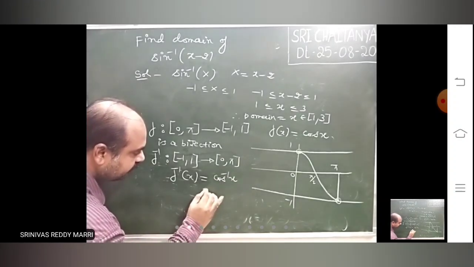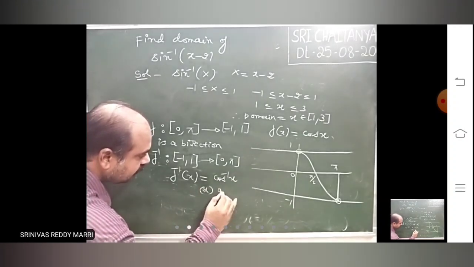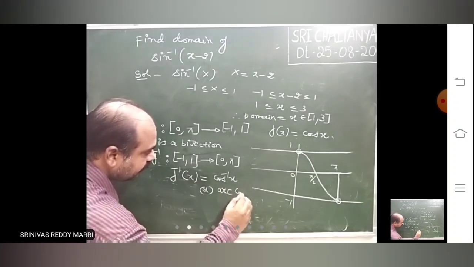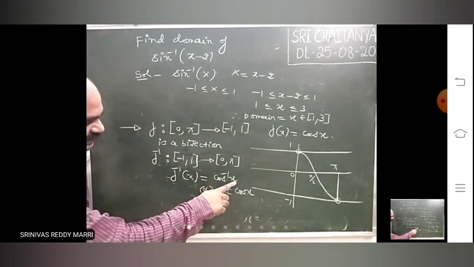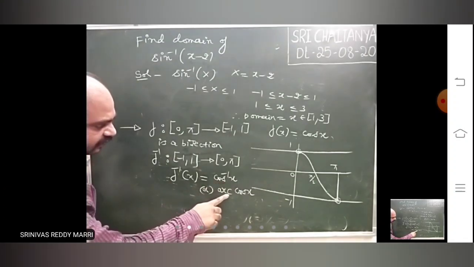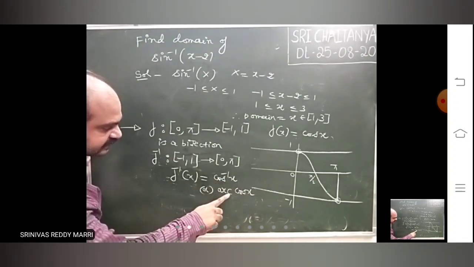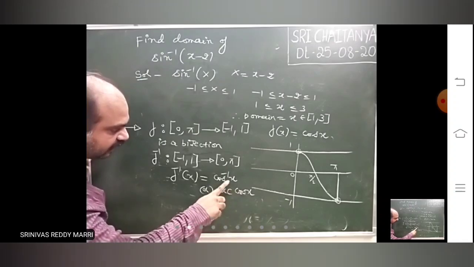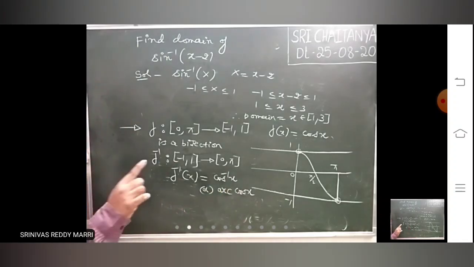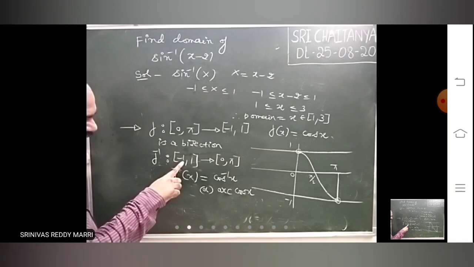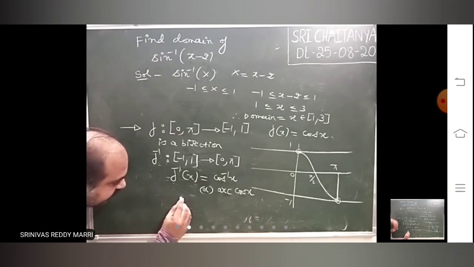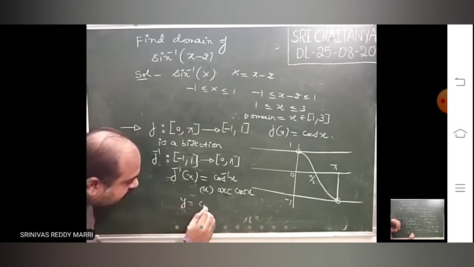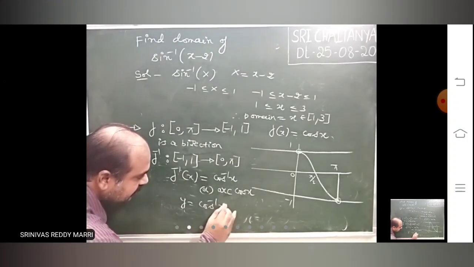This is called cos inverse x, or it is also denoted by arc cos x. Arc cos x means cos inverse x. If you look here, y equal to cos inverse x.